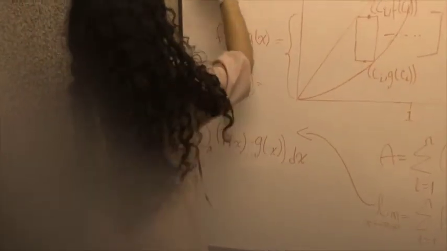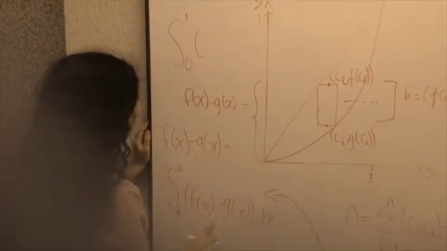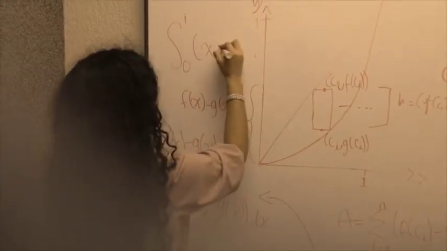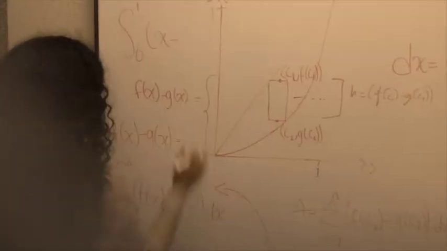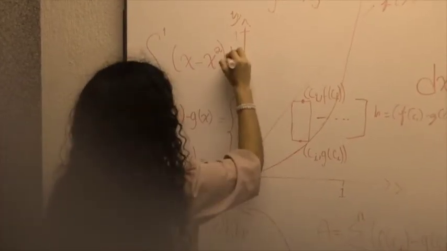That is the f of x, that it could be x, minus g of x, that it could be x squared, dx.